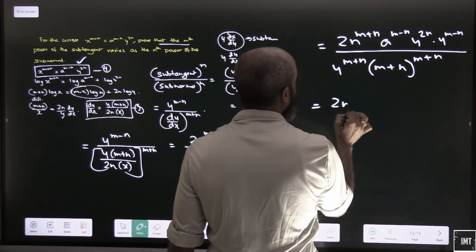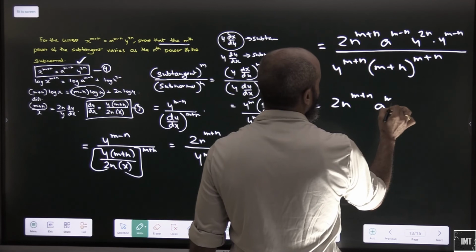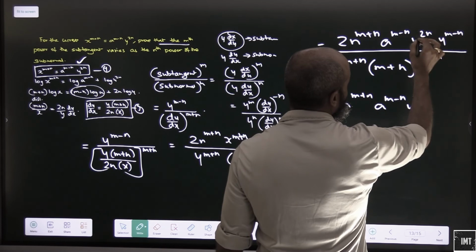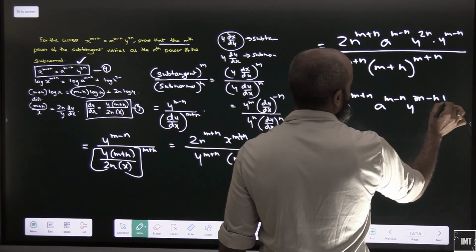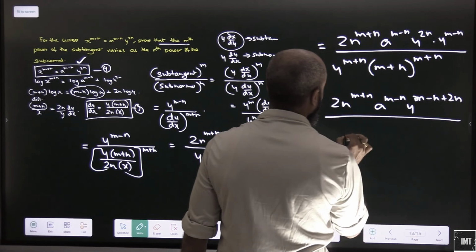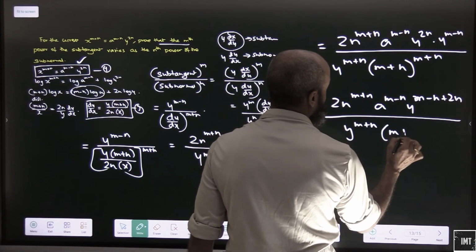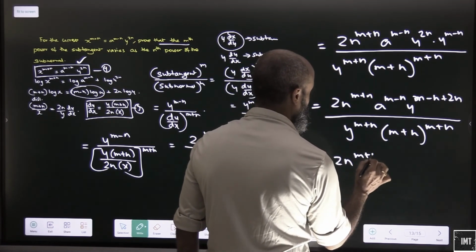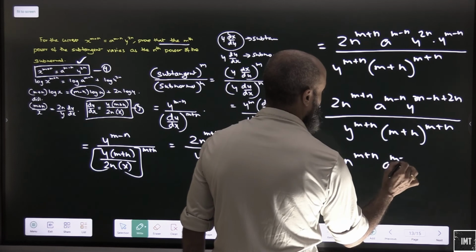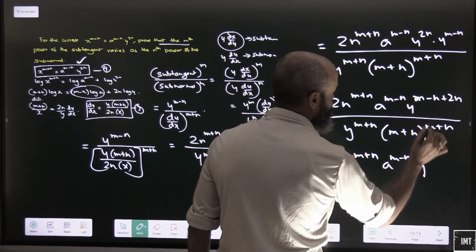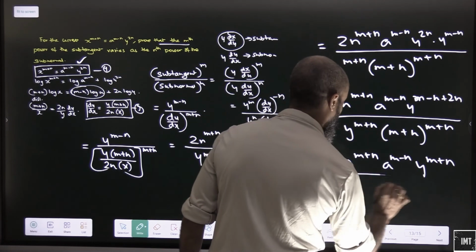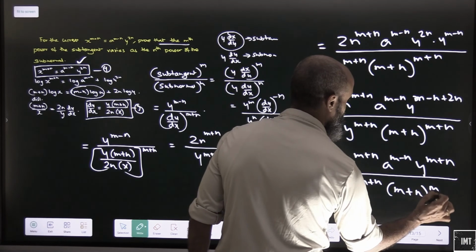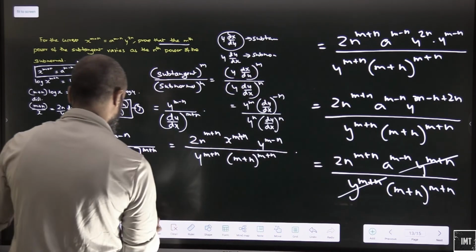So this will be 2n to the power m plus n, a to the power m minus n, y raised to 2n, so that will mean y to the power m minus n plus 2n, upon y raised to m plus n, m plus n raised to m plus n. So these two get cancelled. So what do we have here?